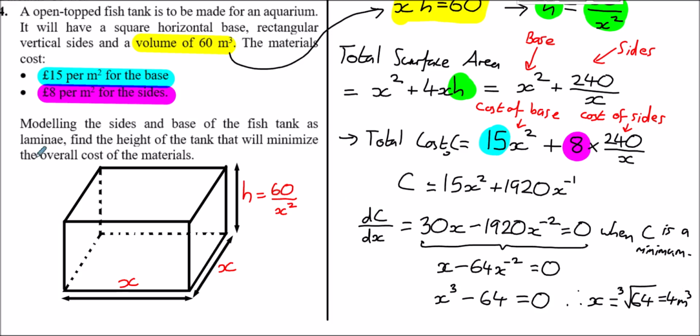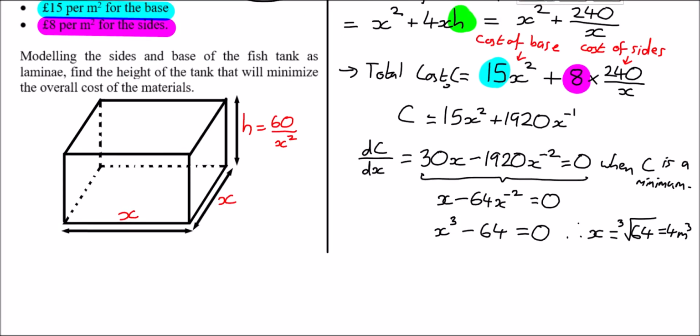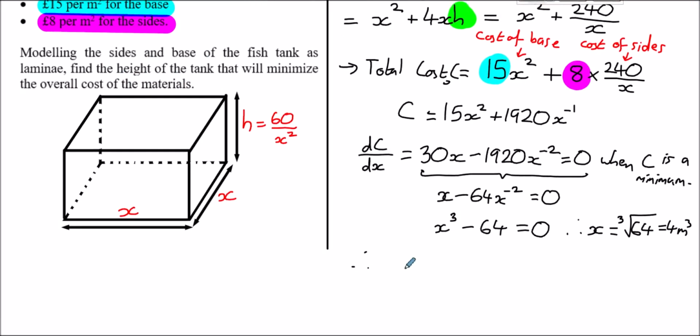cubic meters. But we didn't want to work out the base, we wanted to find the height of the tank that minimizes the overall cost. So to do this, we need to remember the height is 60 divided by x squared. So therefore, the best height, the cheapest height if you like, is going to be 60 divided by this optimal value of x we just found, which is 4 squared.